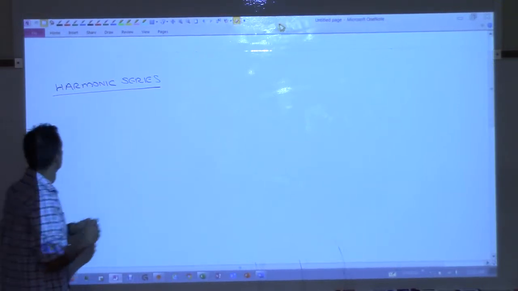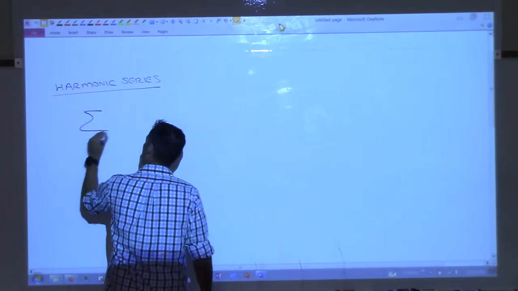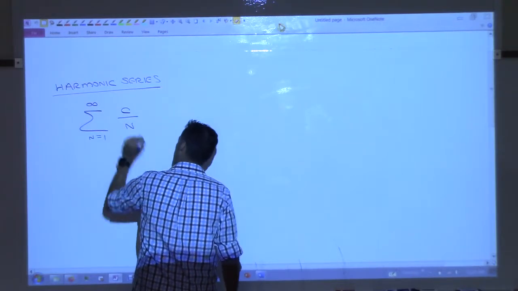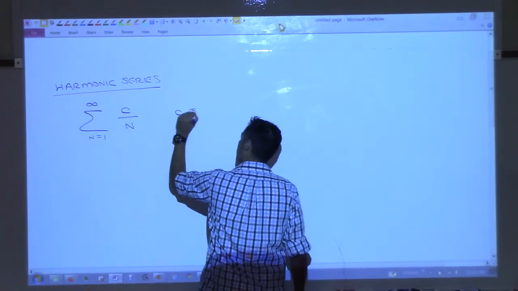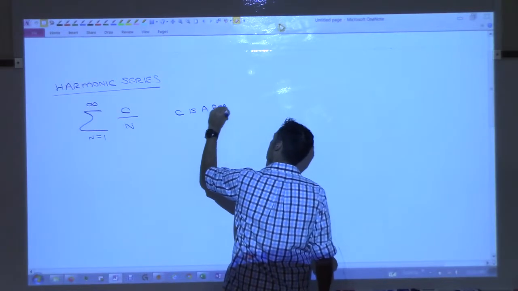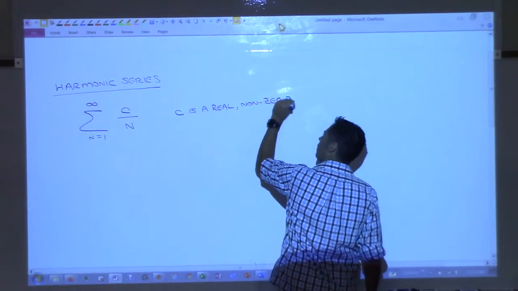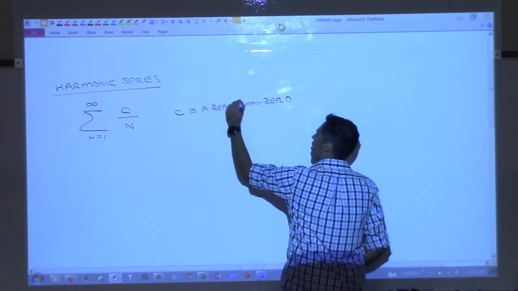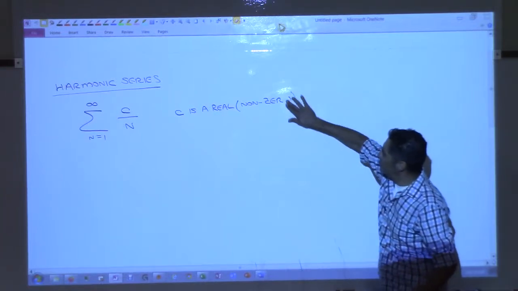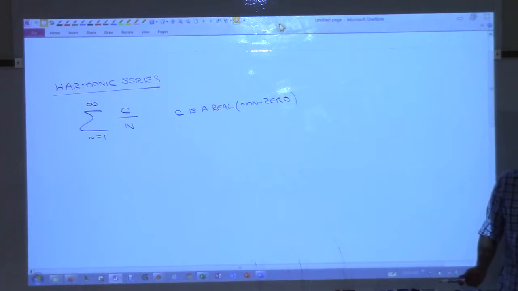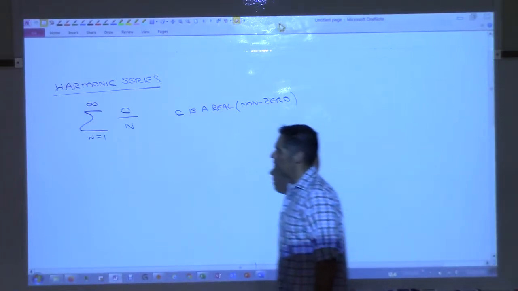This is what they look like: sum n equals 1 to infinity of c over n, where c is a real number, but non-zero, okay? Obviously, if c was 0, this would just be 0 plus 0 plus 0 plus 0. But as long as c is not 0, then this is a harmonic.